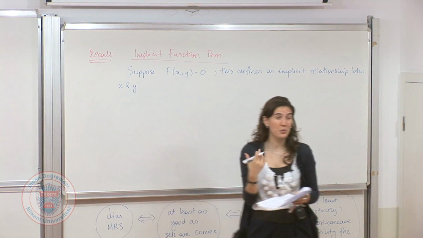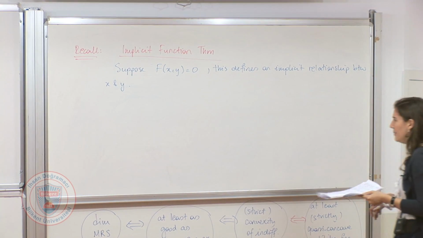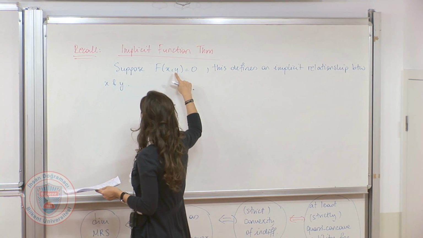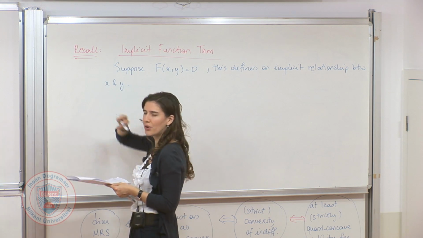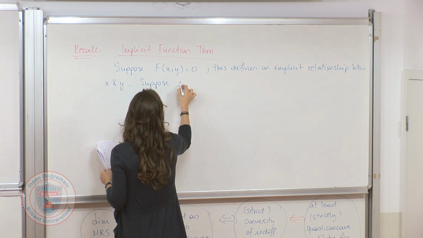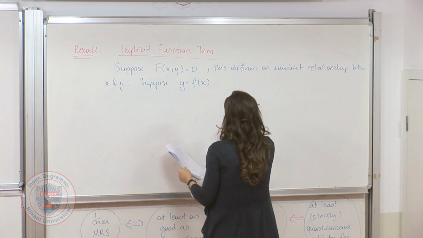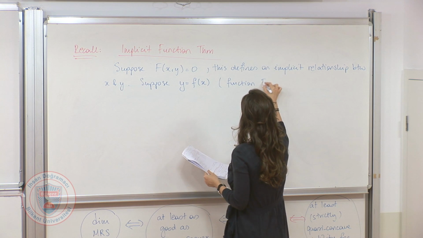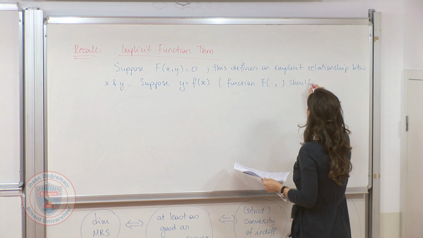Sometimes we can solve for this, sometimes we might not. That's the beauty of the implicit function theorem. Sometimes you might not be able to write y completely in terms of x. Suppose y is equal to f of x. Of course, there are some conditions: this f function should be continuously differentiable, etc.